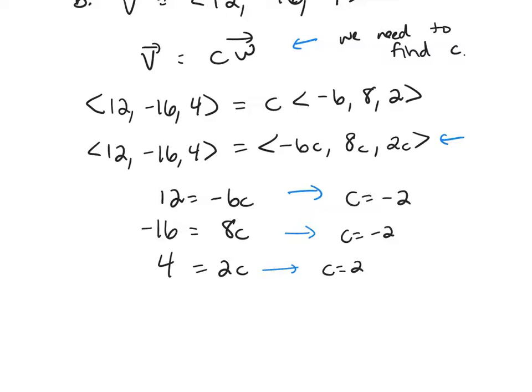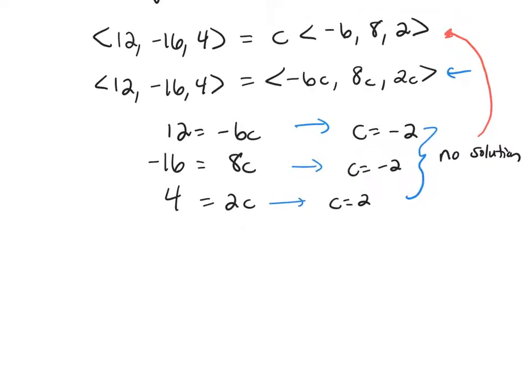So because I'm getting different values here, what I'm learning is that there's no solution to this equation up here. So basically what that means is that the vectors v and w are not parallel.